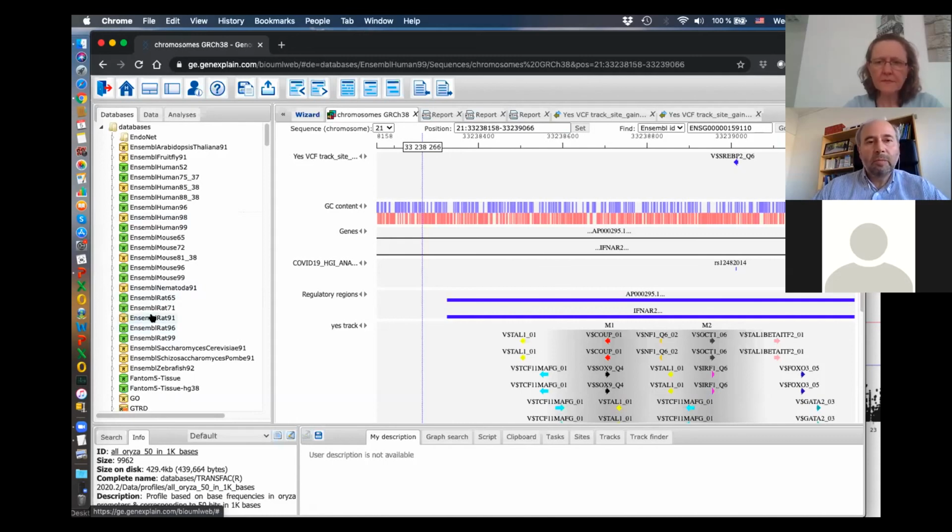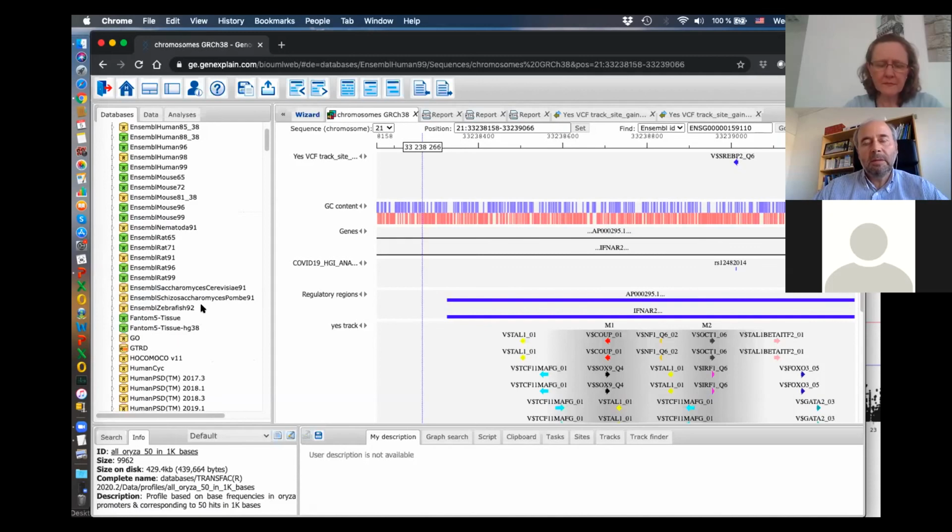This amount of matrices which we collect sometimes plays an important role. When you analyze data, it's not clear which matrix for the same factor will play the role. Sometimes it's one matrix for a factor, sometimes another one. So this amount of matrices is really important to analyze data in depth.